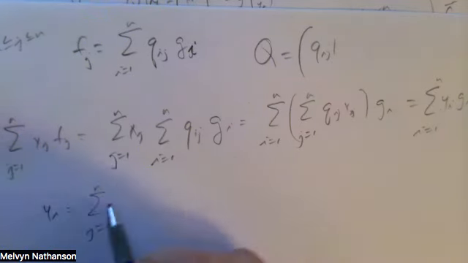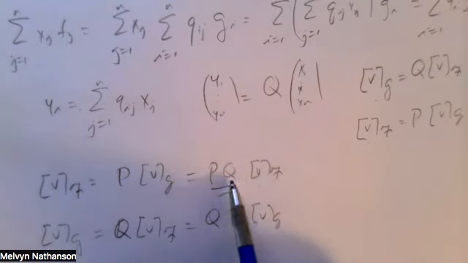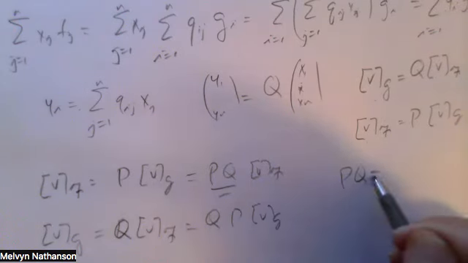And in the opposite order, if I take the coordinates of V with respect to G, that's Q times the coordinates of V with respect to F, that's Q times P times the coordinates of V with respect to G. So PQ and QP are the identity.